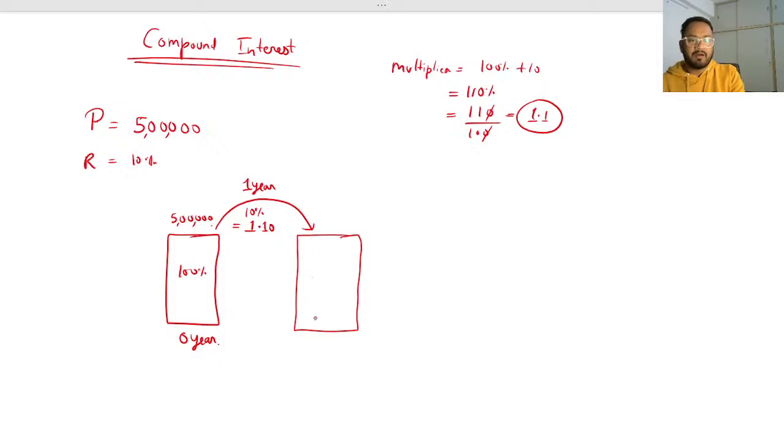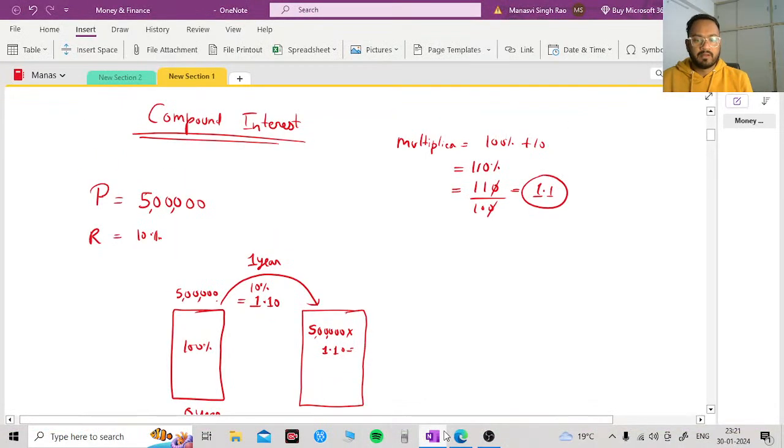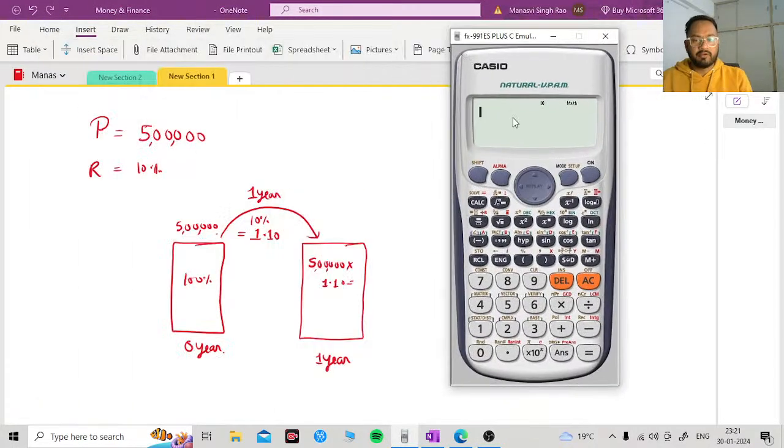So after 1 year, how much money does the builder need to pay? 5 lakh into 1.1. Let's use the calculator now. 5 lakh multiplied by 1.1. बहुत इंपॉर्टेंट कंसेप्ट है, बहुत धीरे धीरे समझा रहा हूँ, प्लीज फोकस हियर, अदरवाइज मिस हो जाएगा.